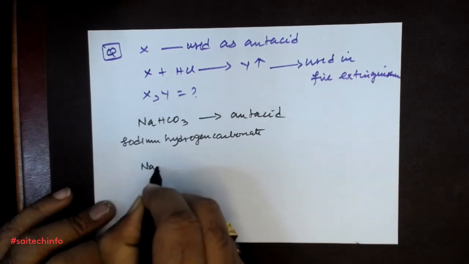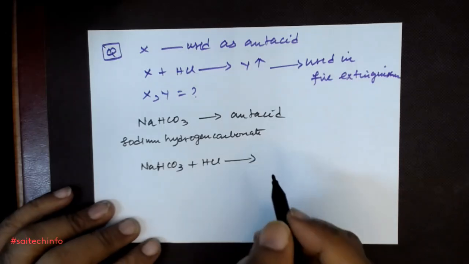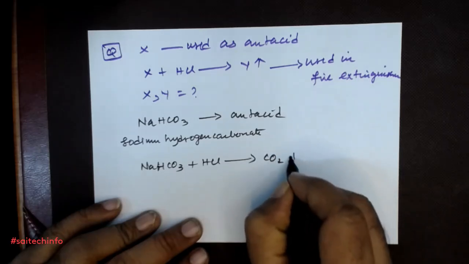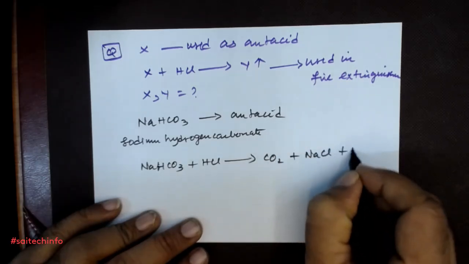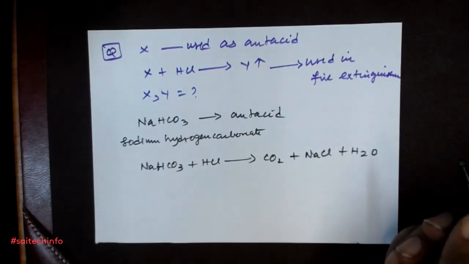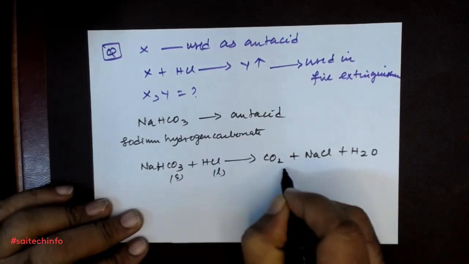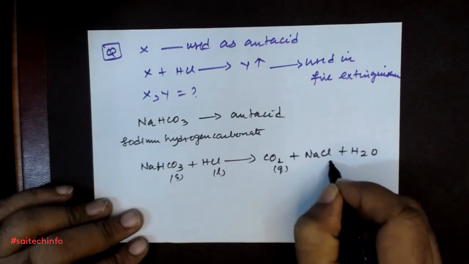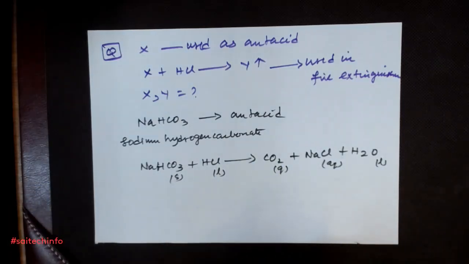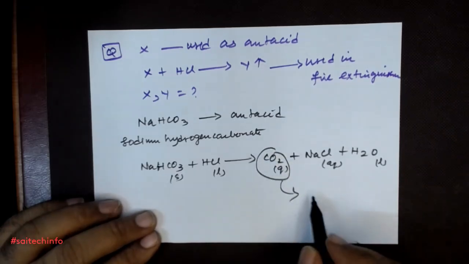It reacts with HCl: NaHCO3 plus HCl gives carbon dioxide plus NaCl plus H2O. NaHCO3 is a solid, water is a liquid, carbon dioxide is a gas, NaCl is an aqueous solution, water is a liquid. And this carbon dioxide is used as fire extinguisher.